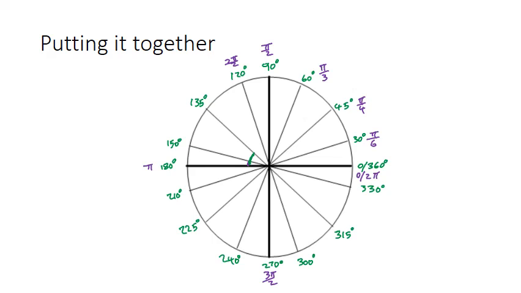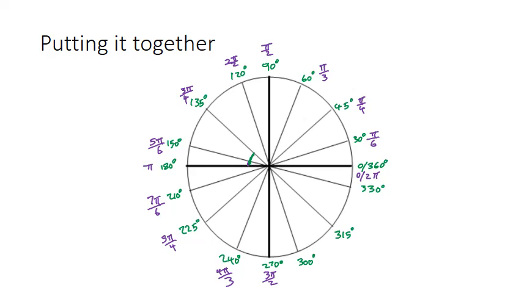For 45 degrees or pi over 4, we multiply that by 3, and that gives us 135. 30 times 5 gives us 150, which is 5 pi over 6. 210 is going to be 7 pi over 6. 225 is going to be 5 pi over 4, and 240 is going to be 4 pi over 3.